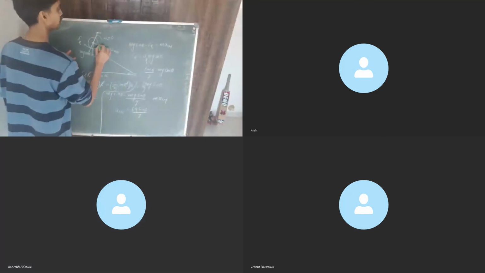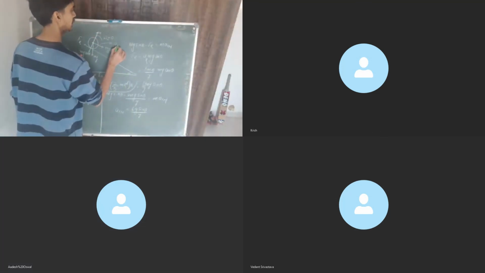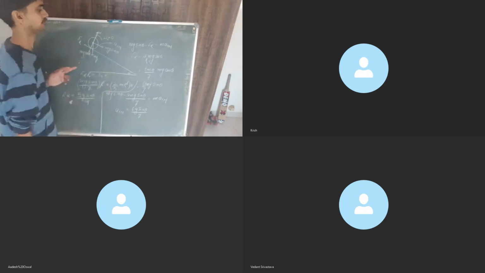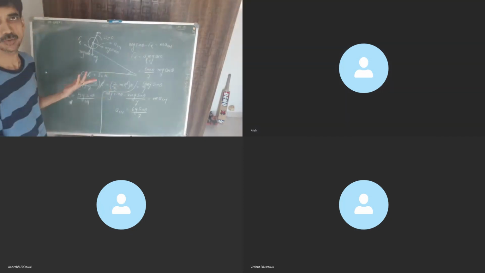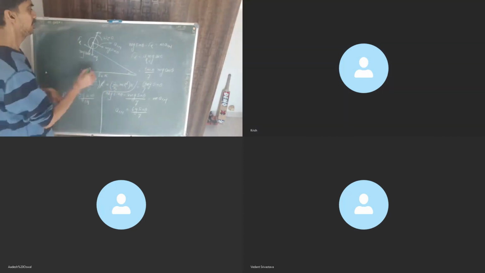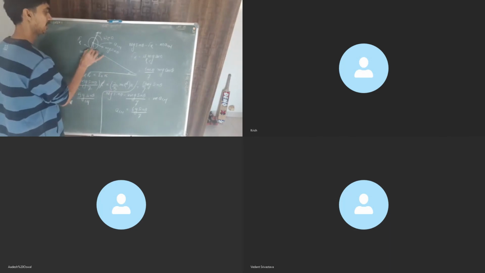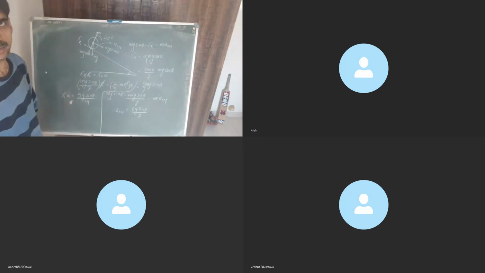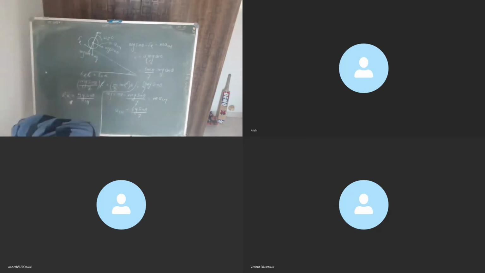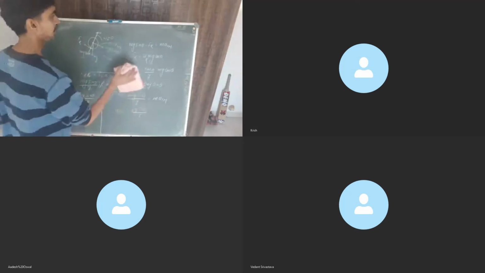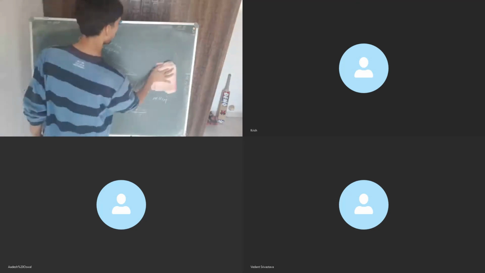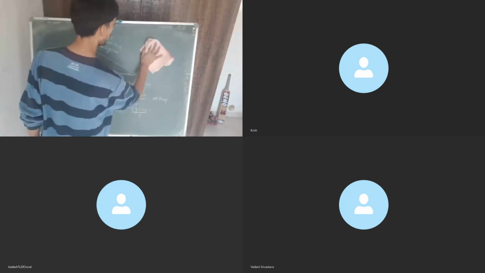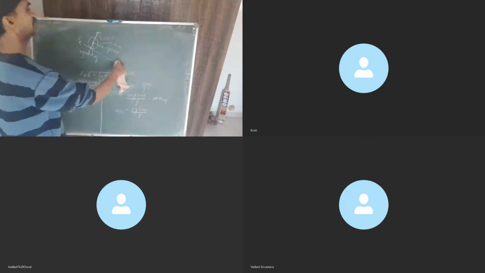Center of mass is moving with what acceleration? ACM, correct? And point P over here, what acceleration shall I associate with point P? Think about it.